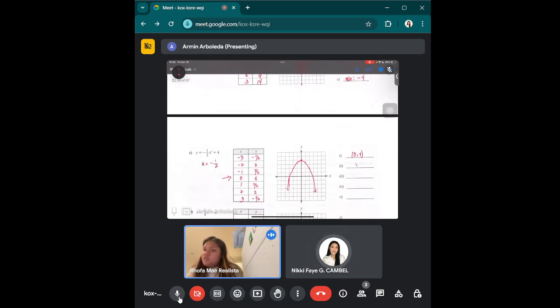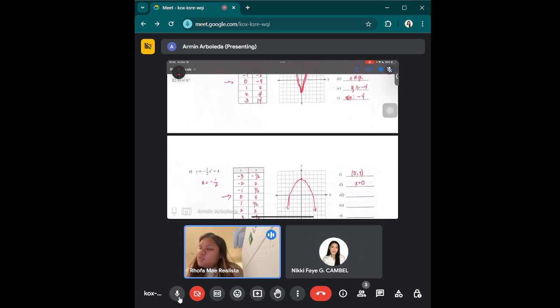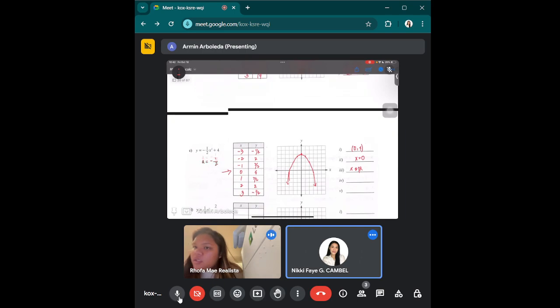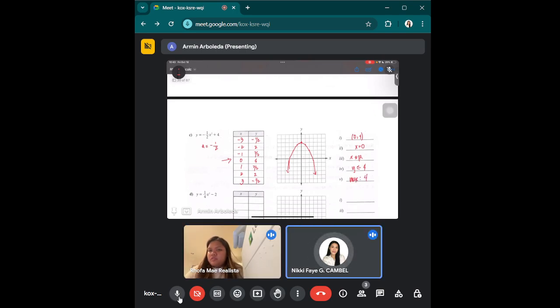How about the domain? Still all real numbers. How about the range? It's y less than or equal to 4. And the maximum is 4.